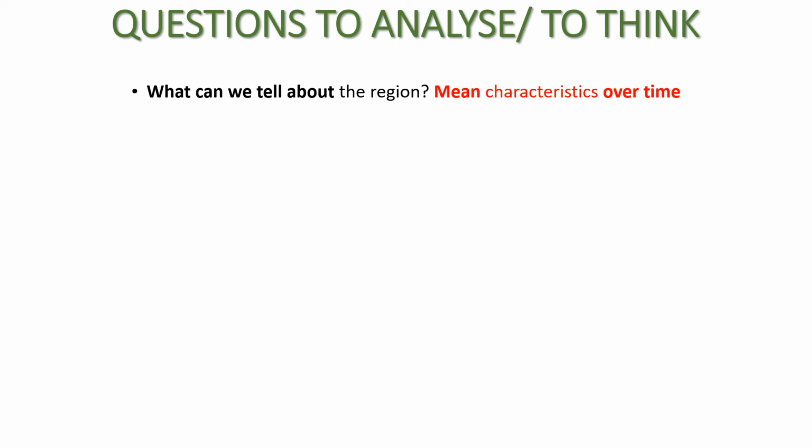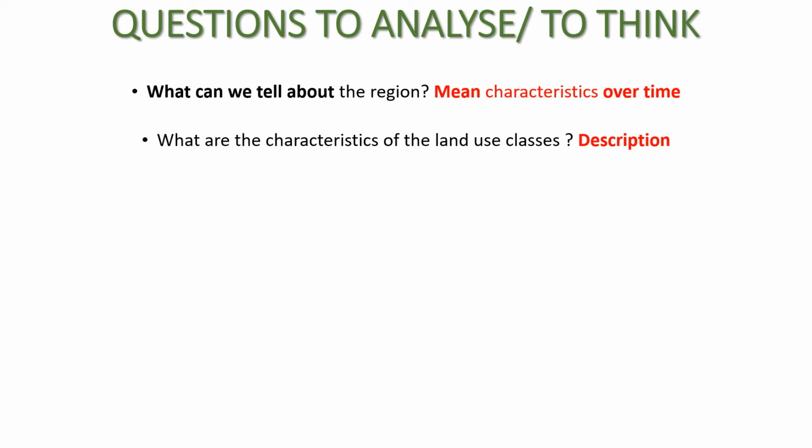It's the matrix, for example, or which class of land use is losing area over time. What are the characteristics of the land use classes? It's a description: which class changes, which class loses area or grows, which are the specific changes over time, and a lot of descriptions we can do.